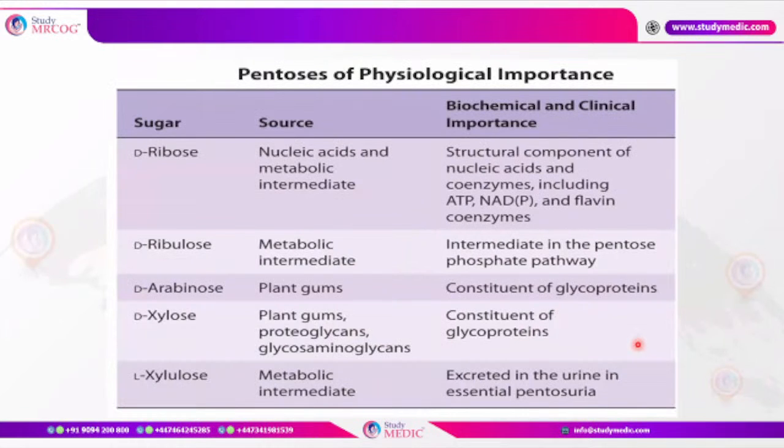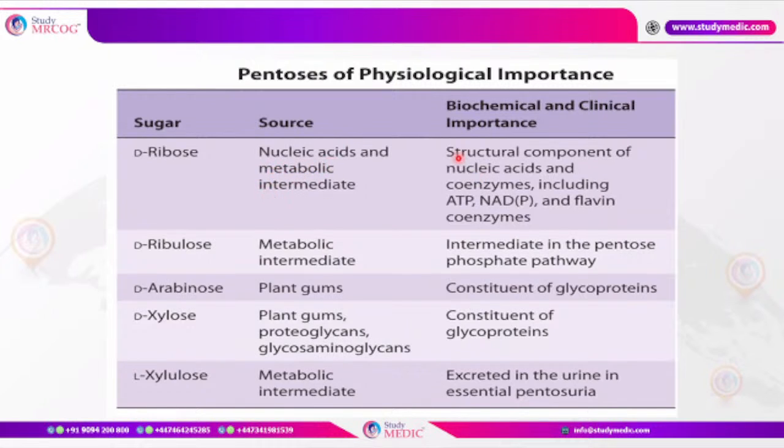Now we'll see about the pentose sugars. Pentose is another sector of monosaccharides. Pentose means they have 5 carbon units, whereas hexoses have 6 carbon units. Examples for pentose are D-ribose, D-ribulose, arabinose, xylose, xylulose. What is the source for D-ribose? That is an important product received from nucleic acid breakdown.